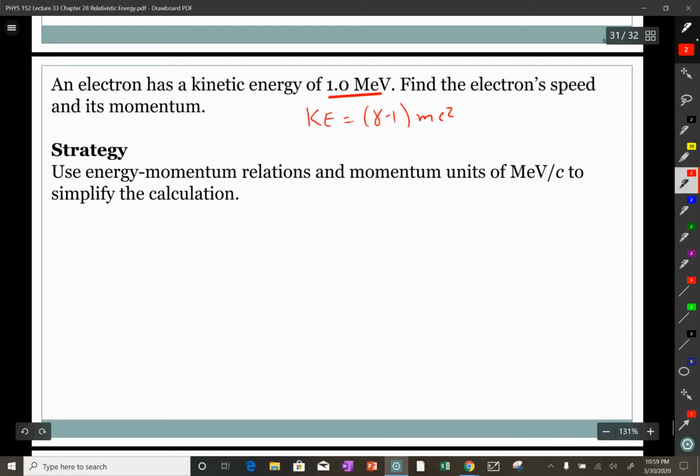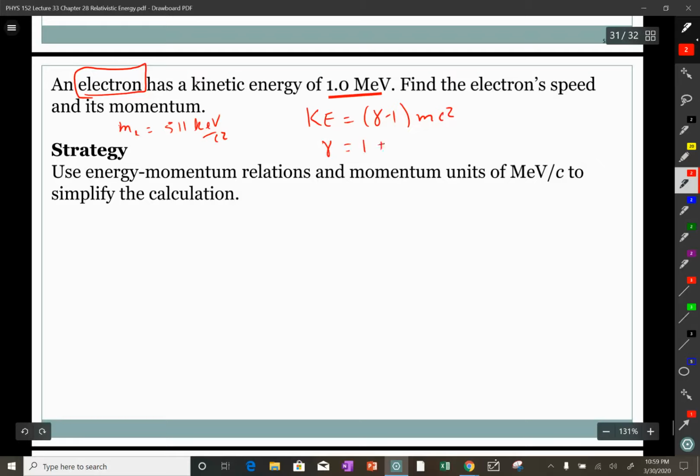It's gamma minus 1 times mc squared. And we know it's an electron, so the mass of an electron is 511 keV per c squared. I know the m, and I know c squared, that's a constant. I can calculate gamma real quick, just like we did before.